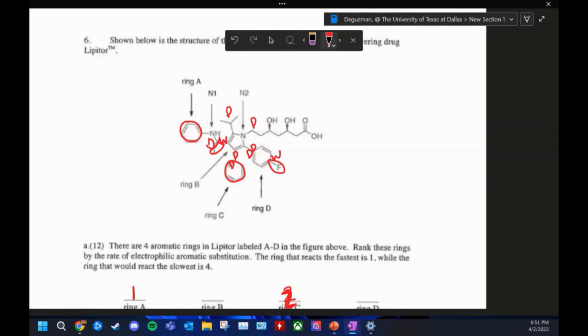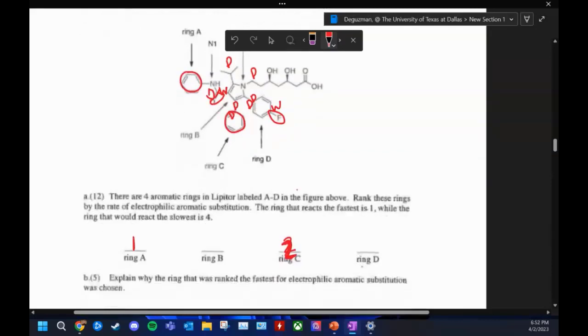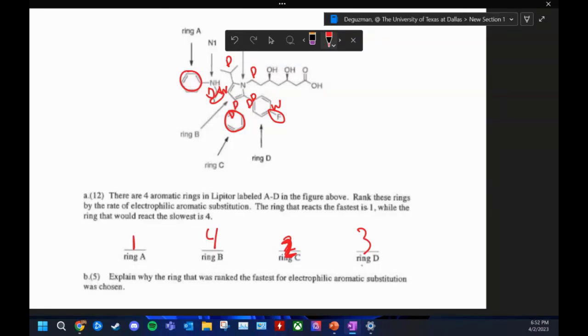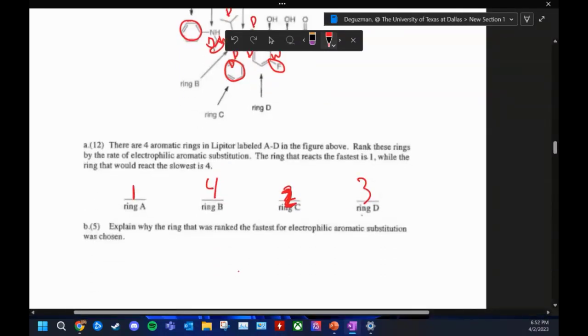So which one is the stronger withdrawing group? Carbonyl, yeah. So carbonyl is a stronger withdrawing group, so that means it strongly deactivates the ring compared to the one with just the fluorine. So ring D should be number 3. B is 4. Right?